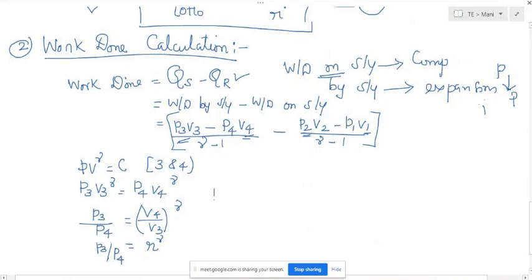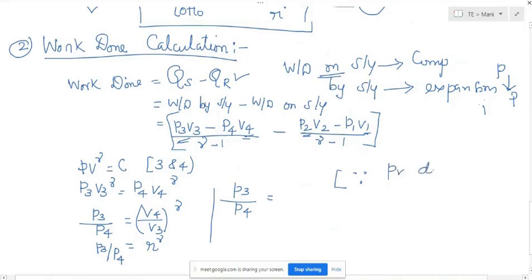So similarly, if you consider the process, we already derived P3 by P4 equal to r power gamma. Just refer to the PV diagram.